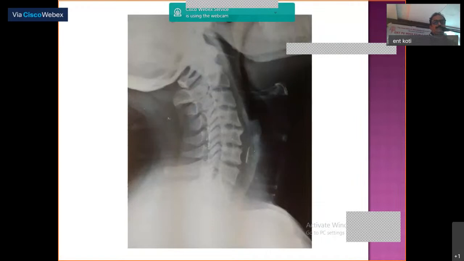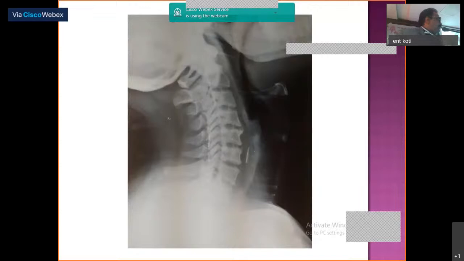So here, you are seeing a plain X-ray. Whenever you are asked to answer an X-ray, you should talk about whether it's plain or contrast, and what is the area displayed, and then talk about the pathology. So this is a plain X-ray, lateral view, soft tissues of the neck, showing a linear radiopaque shadow.